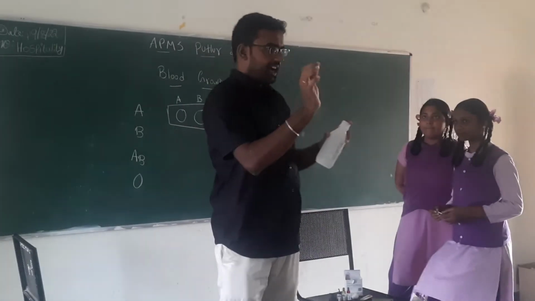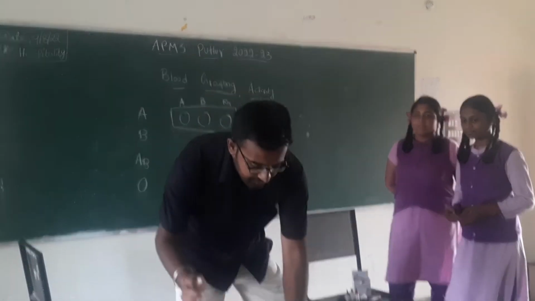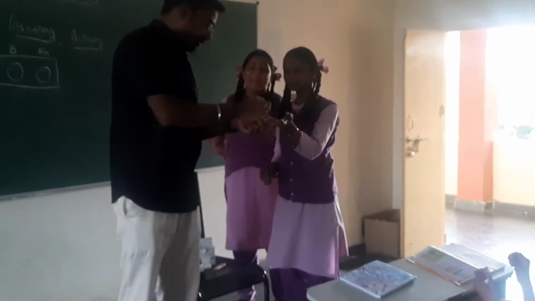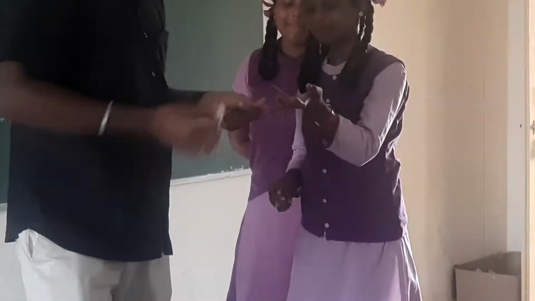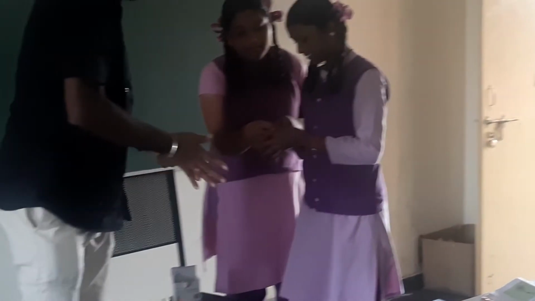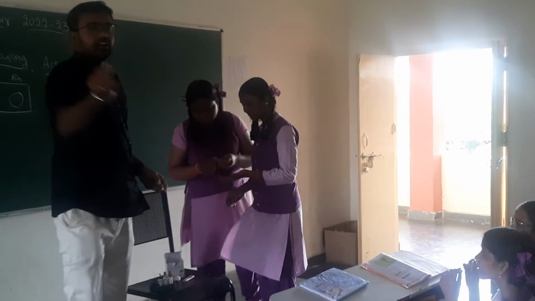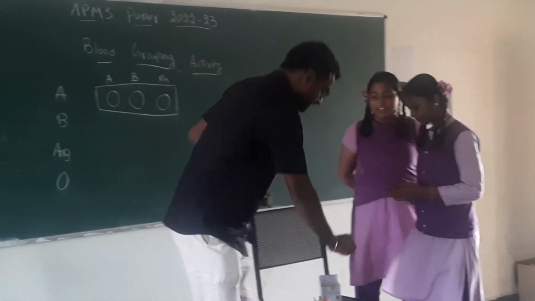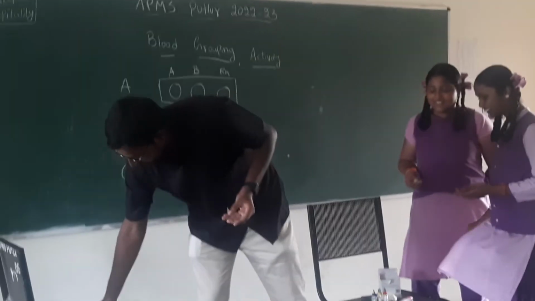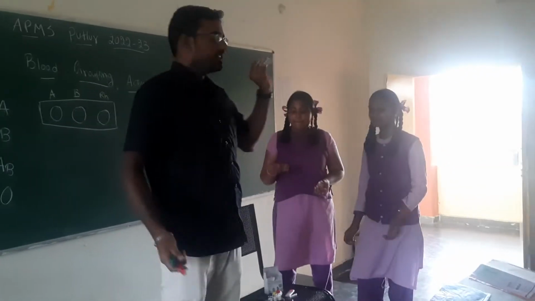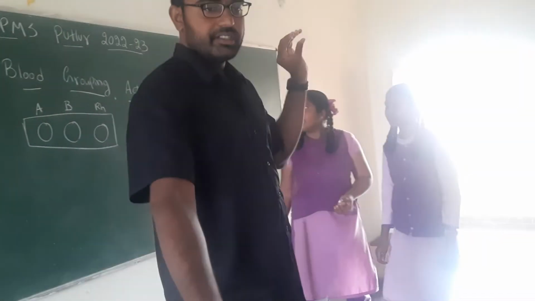I have taken cotton and dipped it in alcohol to sterilize the finger. Which finger do we need to select? The left hand ring finger. So I am sterilizing the finger with cotton. I have taken the disposable syringe, and before I prick, let me mark 3 circles: A, B, and RH factor.